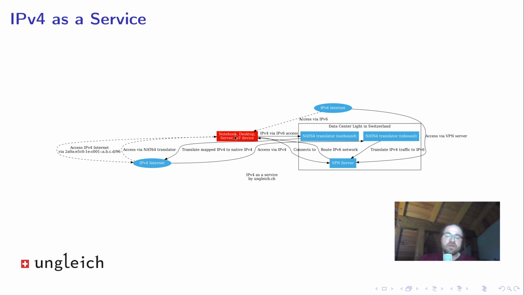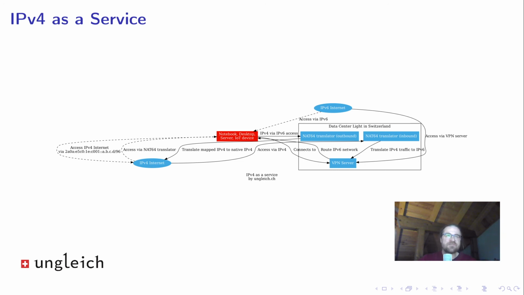And with this, it will see, okay, my IPv6 upstream is the VPN server here, which again sees, all right, I have a route to the outbound NAT64 translator, and this one will then translate the destination address that is derived from this prefix here to an IPv4 address and sends it out to the IPv4 internet.